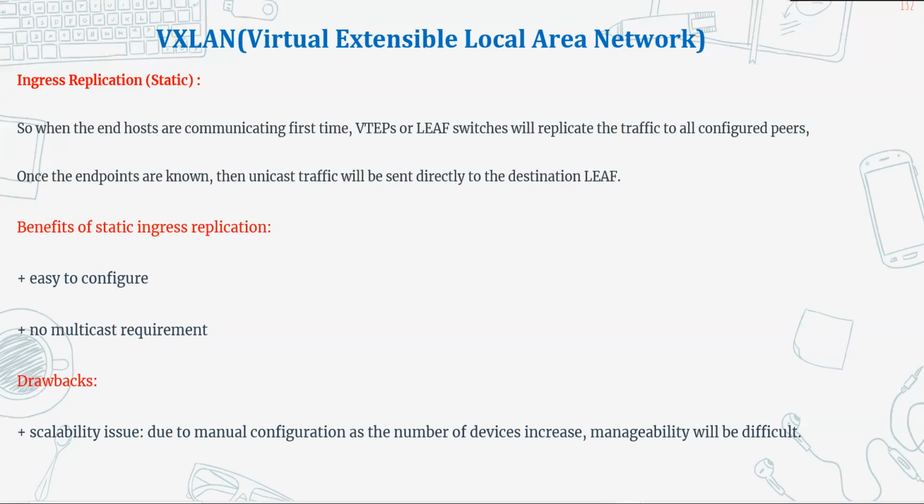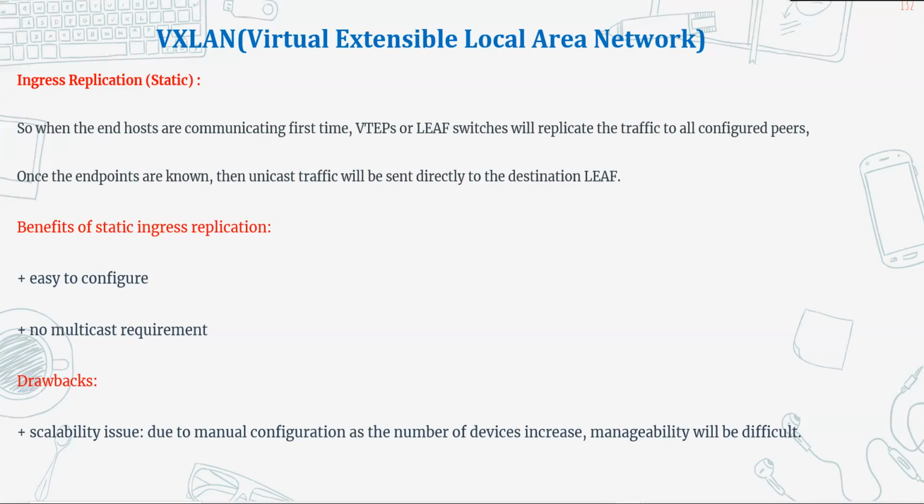But if you have a large network, then there will be scalability issues, because as the number of devices increases, manageability becomes difficult. You need to configure all the remote leaf switch IPs manually on each and every device. And once you remove any device from your network, you again have the manual job.